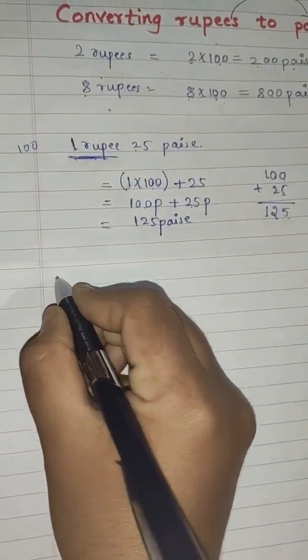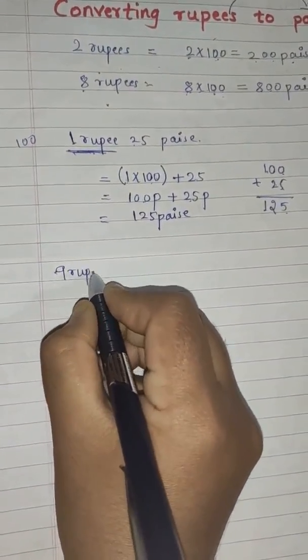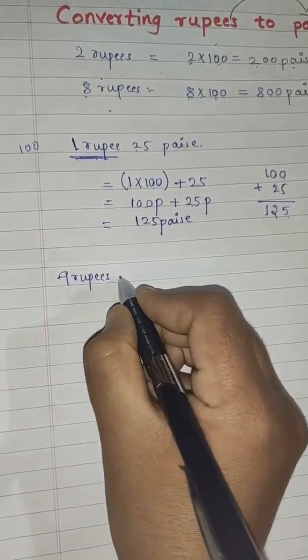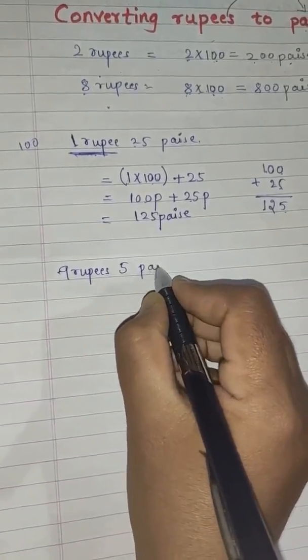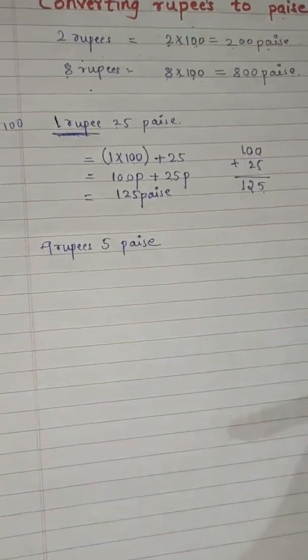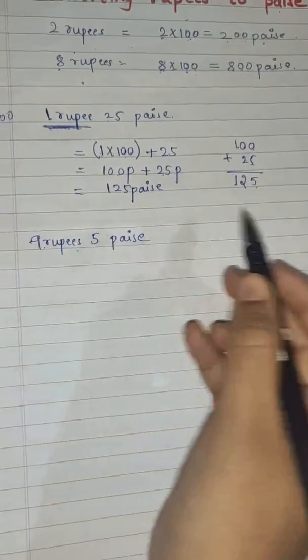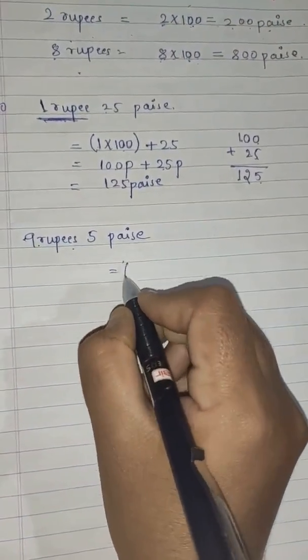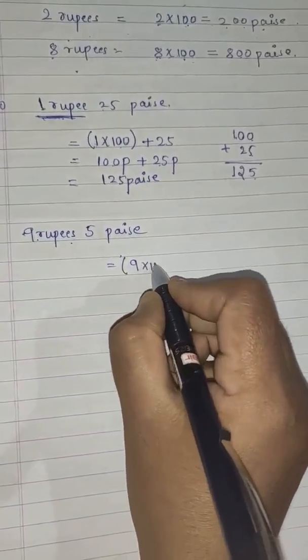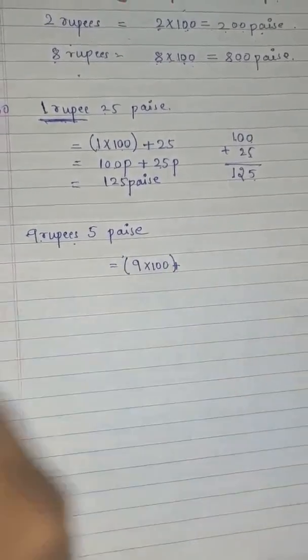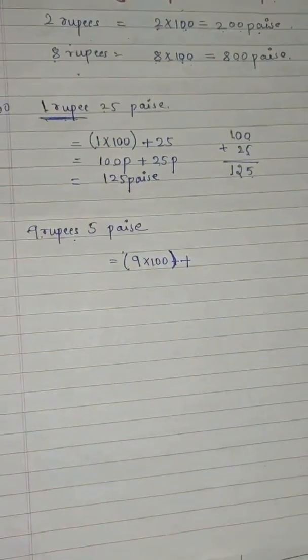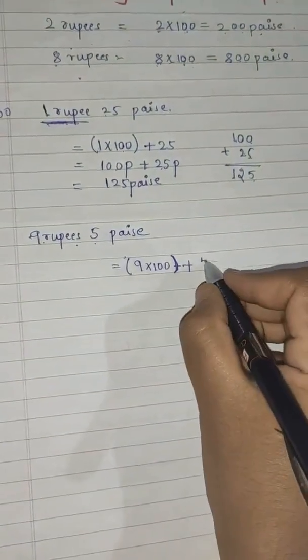Okay, now let's take another example. So 9 rupees 5 paise. Okay, so first you have to convert this 9 rupees into paise. Means bracket 9 into 100, close the bracket, then put the plus mark here, then 5 paise.